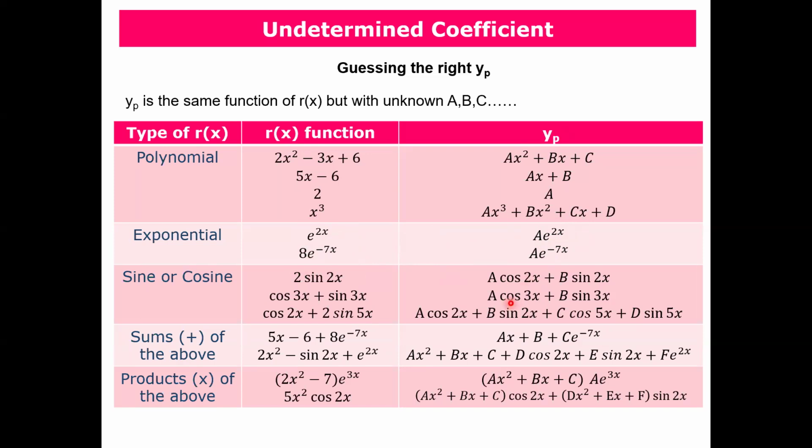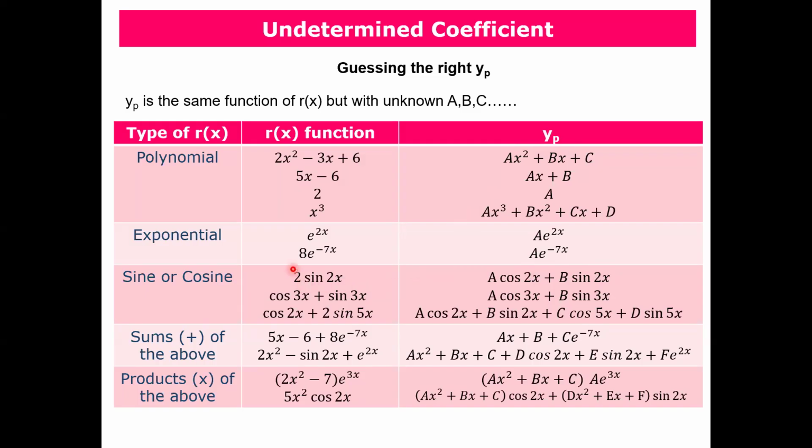All right. Special case for sine and cosine functions. Let's see here for 2 sine 2x. If the function is either sine or cosine, then the YP must include both terms, cosine and sine.